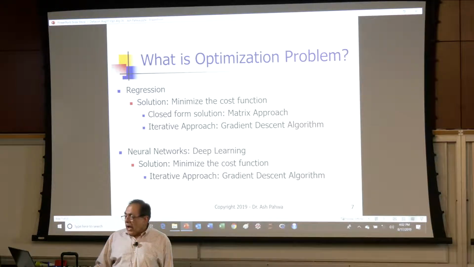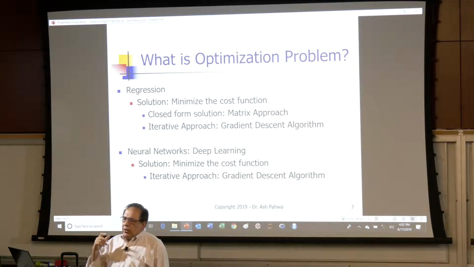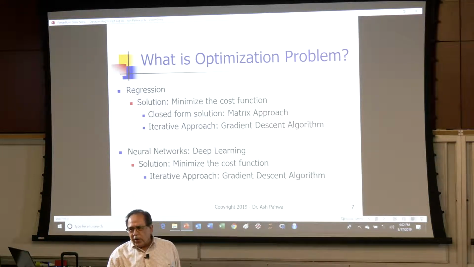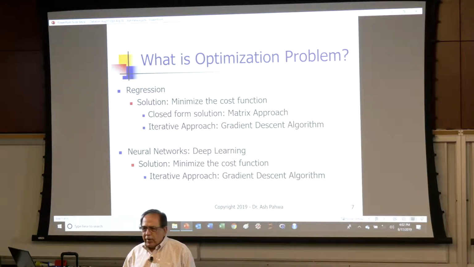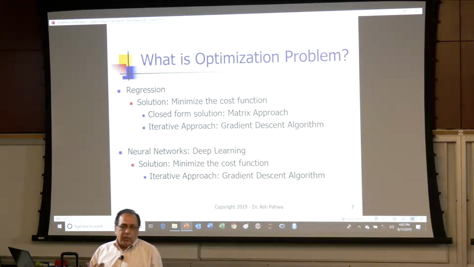Now, if you have a simple regression problem, then in that case you have to find the minimum of the cost function, and that is easy. We can use the closed form solutions available from calculus, and also we can use the matrix approach to solve those problems. We can also use gradient descent to solve a simple regression problem.